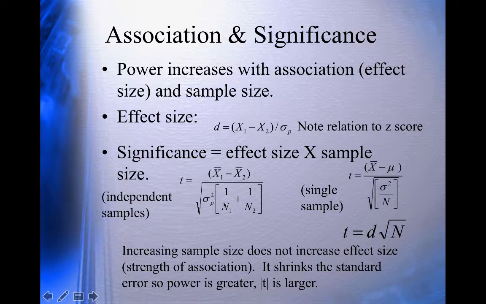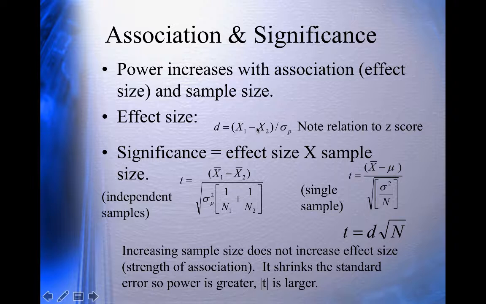So here's the independent samples t: difference in means over the pooled variance times 1 over n1 plus 1 over n2. If we get rid of the sample size part and just take the square root of the variance, you have x1 minus x2 over sigma p, and that's the same thing as this.